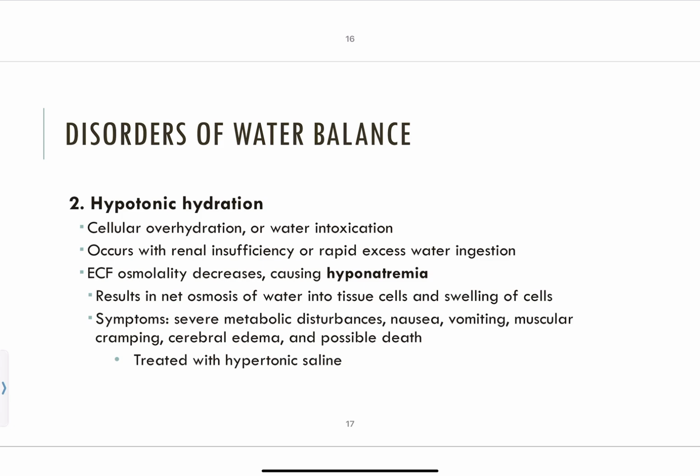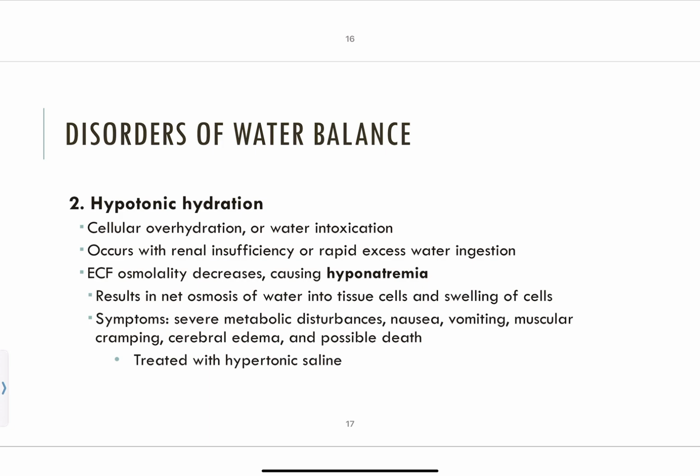Why is this so dangerous? Because we are decreasing the osmolality in our extracellular fluid, because we're lowering the number of particles we have relative to the volume of water. So we have a low concentration. And what this causes is hyponatremia. Hyponatremia doesn't mean we have a low amount of sodium. What it means is that we have a low concentration of sodium.